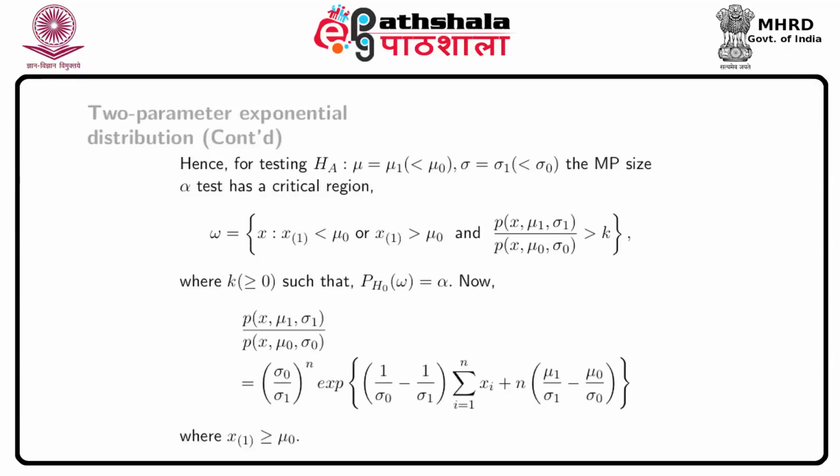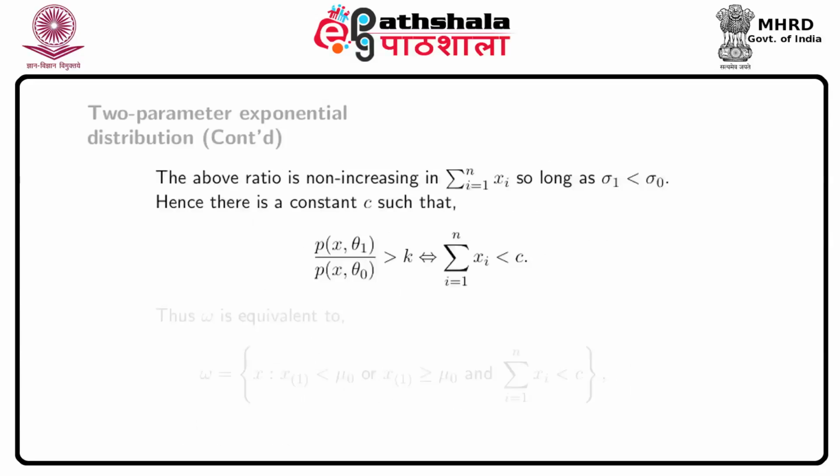Now, p_x(mu 1, sigma 1) divided by p_x(mu naught, sigma naught) is equal to (sigma naught by sigma 1) to the power n, e to the power of [(1 by sigma naught minus 1 by sigma 1) into summation xi plus n into (mu 1 by sigma 1 minus mu naught by sigma naught)], where x order statistics 1 is greater than or equal to mu naught.